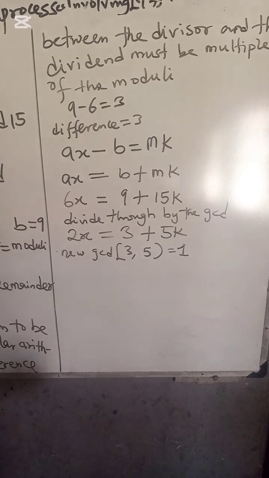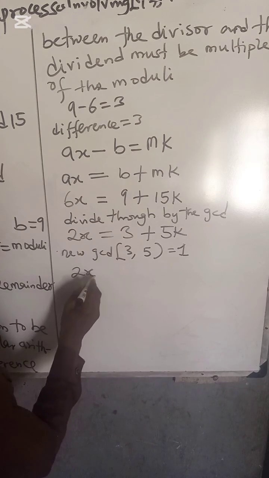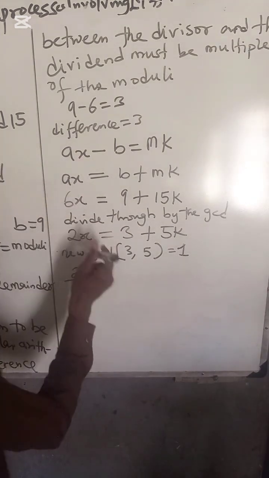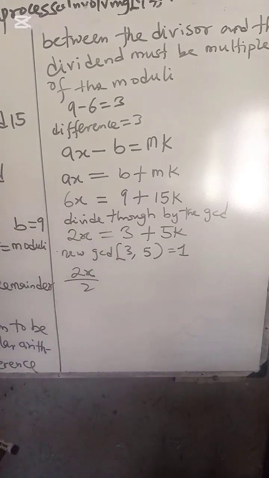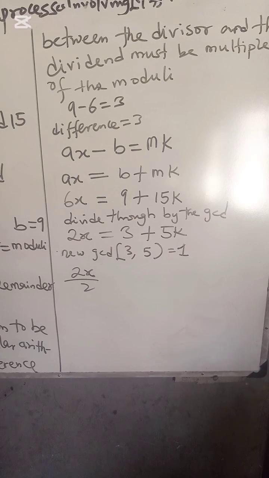In normal algebra, to isolate this, I would have said 2x, you divide both sides by 2. But in modular arithmetic, you don't do that. What you do is take the multiplicative inverse of that particular coefficient of x.